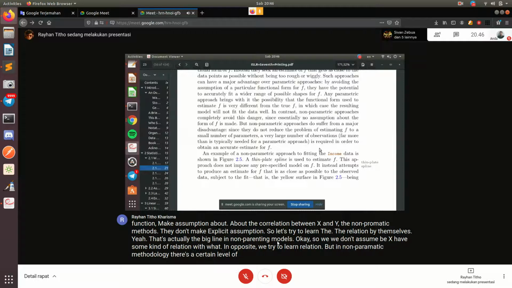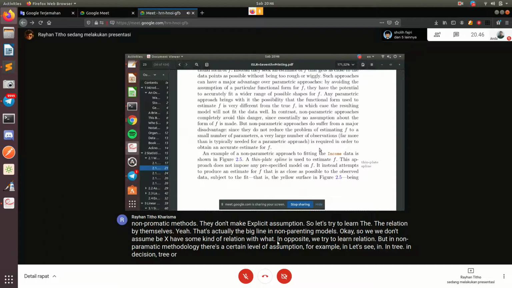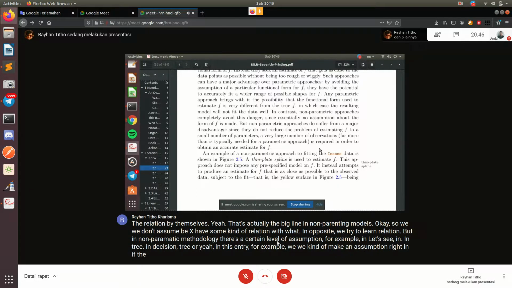For example, in a decision tree, we kind of make an assumption, right? If the data has a tree structure, so if this is bigger than 2 or this is bigger than -1, something like that.